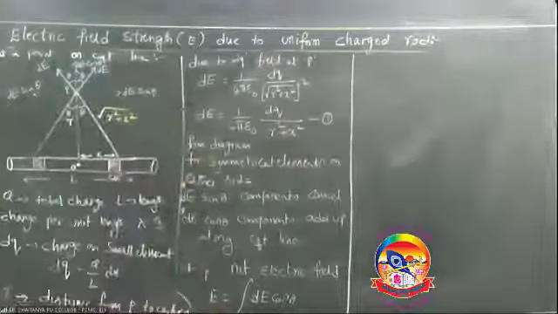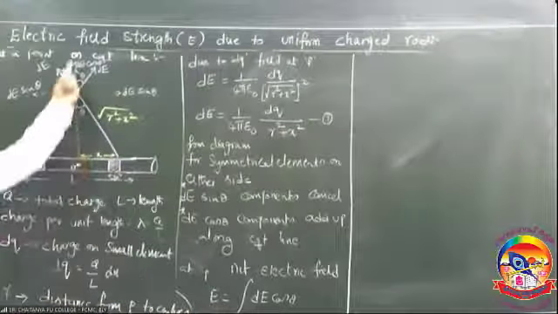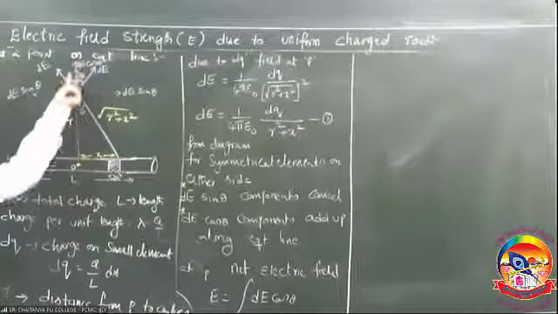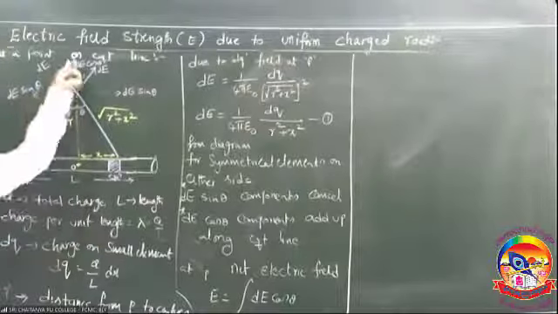Integral dE cos theta. Is this clear? Along the equatorial line, all the dE cos theta components add up.